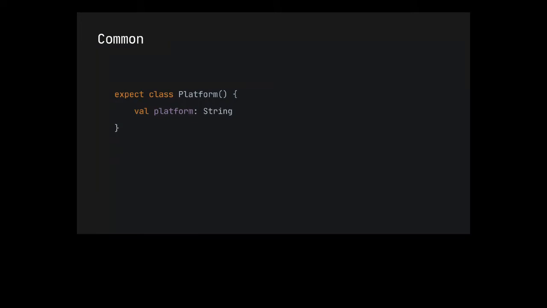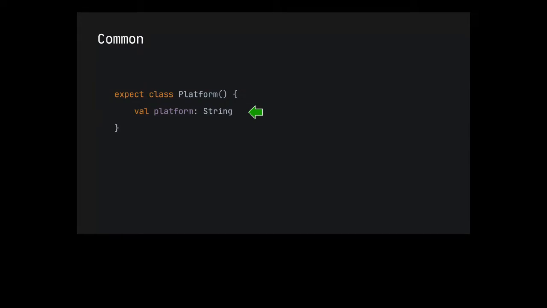This is kind of like an interface that has to be implemented for both Android and iOS. Expect is declaring, making a contract, that you have to provide an implementation for both Android and iOS on what platform really means. That's what expect really means here, expect class Platform. And this has a string. It could be anything in here, like functions, for example, depending on your use case.